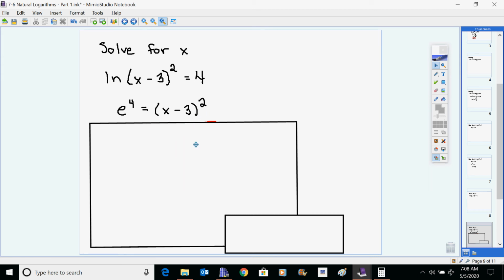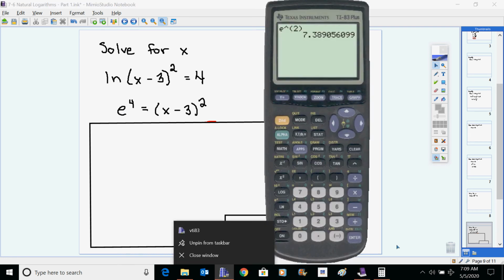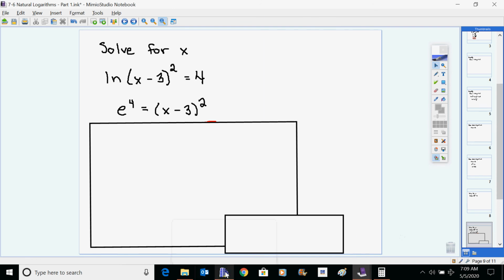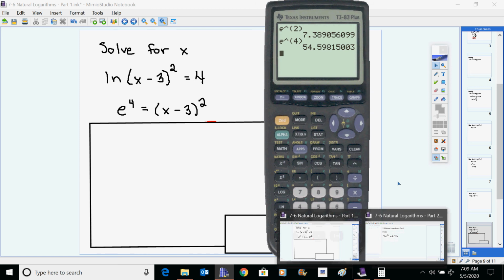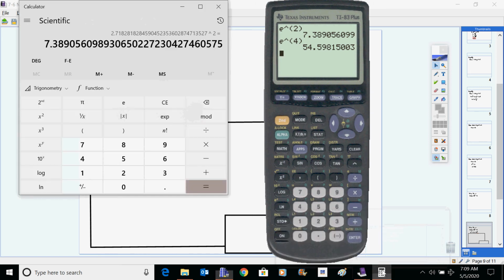Because when we take e to the fourth power, you can do that through any of these. On this calculator, we need e to the fourth power, 54.598.